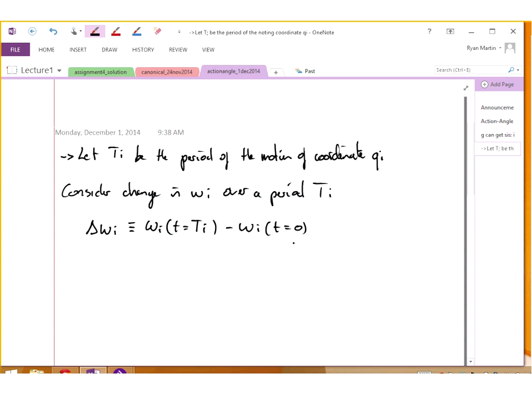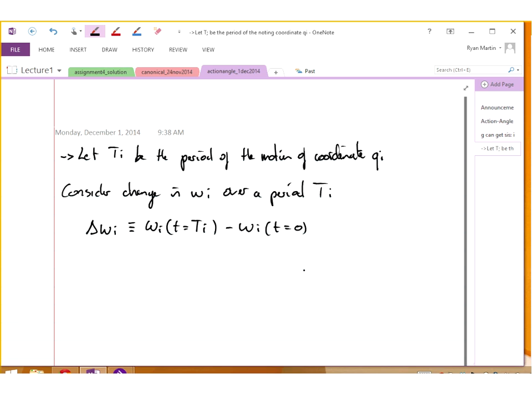And so there's two ways that we can evaluate this delta W. One is to look at the equation that we just found, where we wrote Wi was equal to beta I plus nu I times t. All right, so the beta i's are constant. So if I use that equation to evaluate Wi or delta Wi, then I find that delta Wi equals nu I times capital Ti, right?